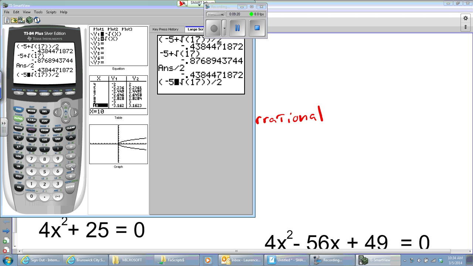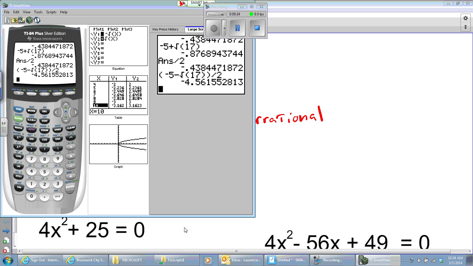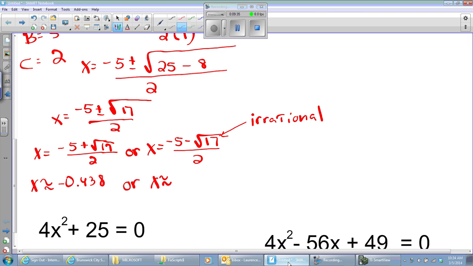And then I'm going to hit enter, and there's my other solution. Notice it's not automatically one positive, one negative. What is it? Negative 4.562.